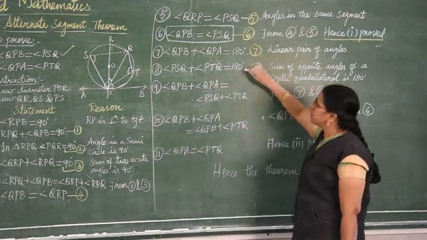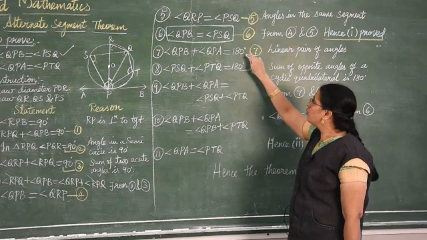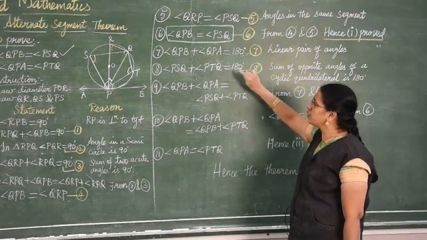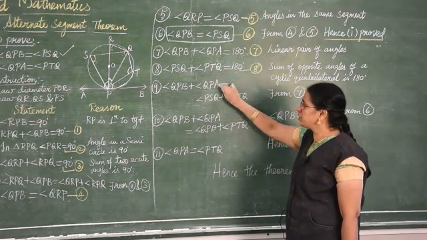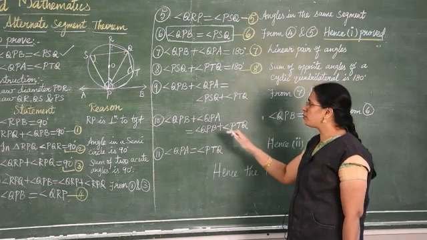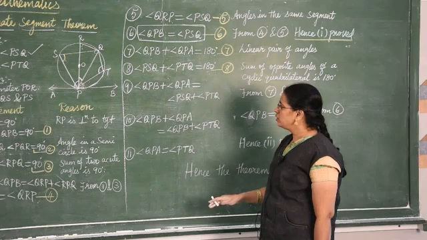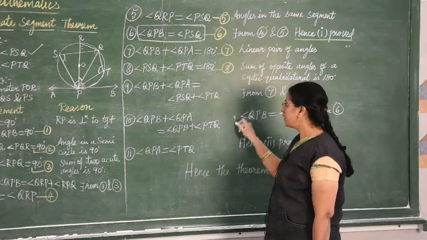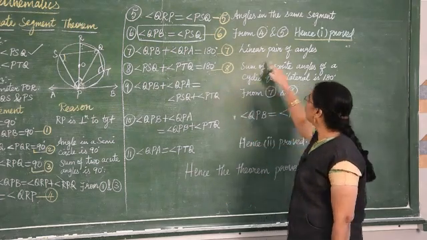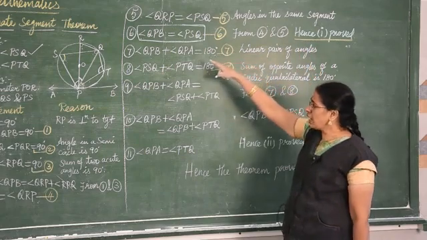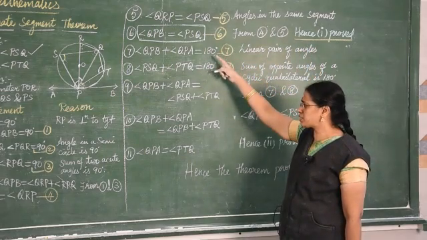Now you will compare equation 7 and 8. The RHS are equal, 180 and 180, so the LHS must be equal. Nothing is common here, but from condition 1, what we have proved is angle QPB equal to PSQ.